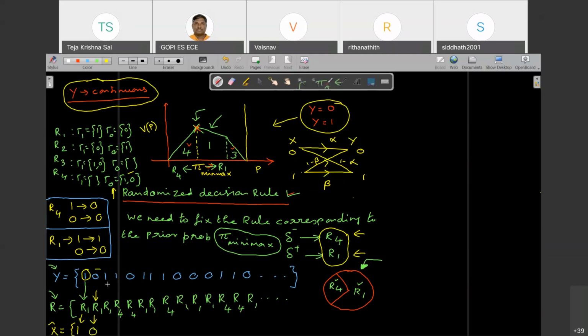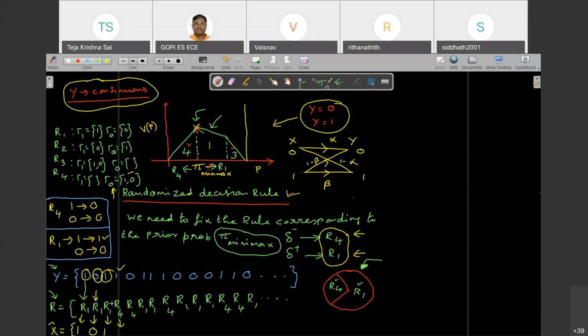And the third one is again rule 1. What you receive is 1, so you have to declare that it is 1 only. So there is no problem. You have to put it as 1. Up to this is fine. Now coming to this, you have to go for rule 4. When it is 1, you have to say it is 0, and that is what rule 4 is saying.